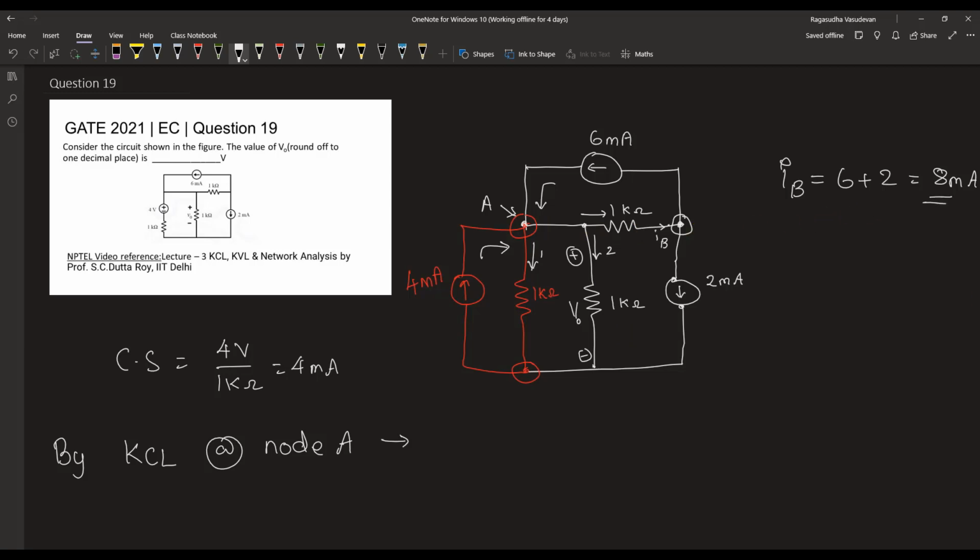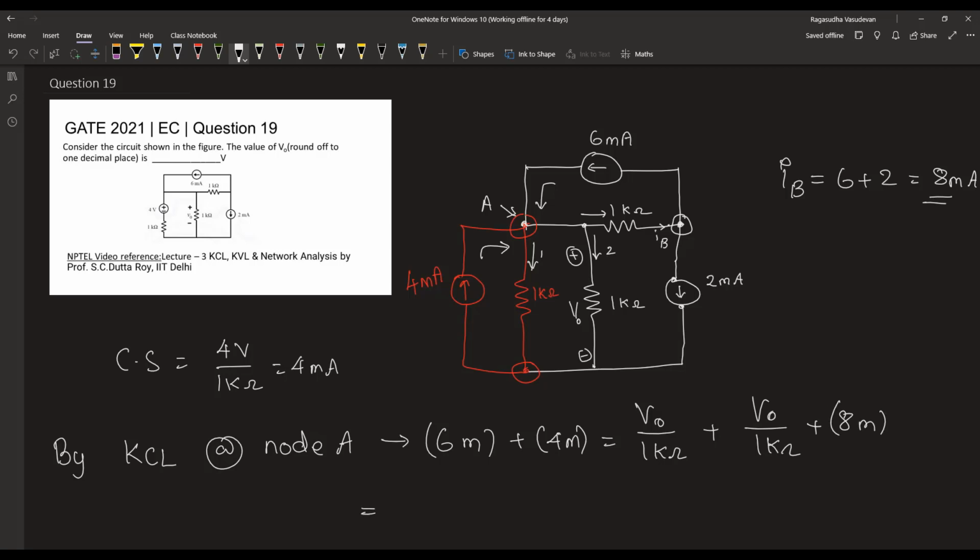Okay, so you will be getting 6 milliampere plus 4 milliampere is equal to V0 divided by 1 kilo ohm plus V0 divided by 1 kilo ohm plus 8 milliampere.